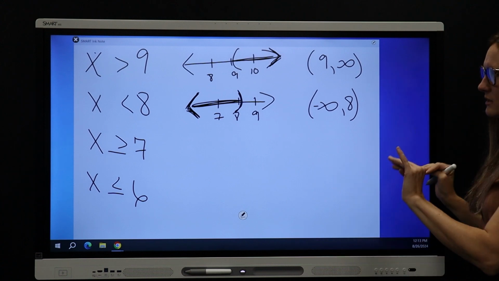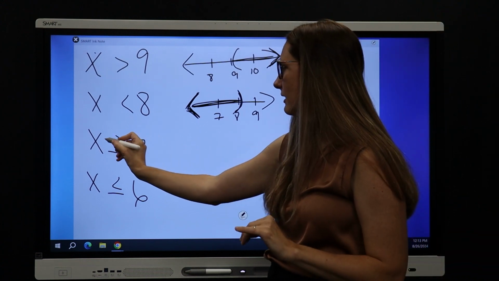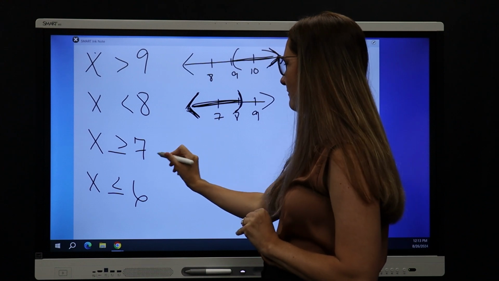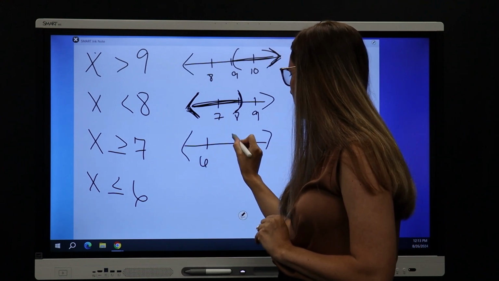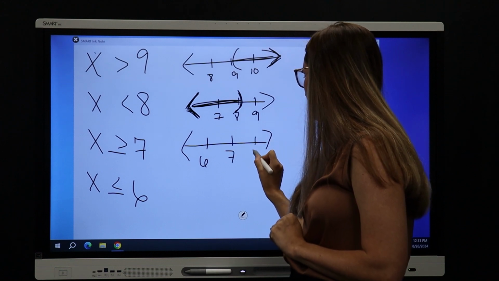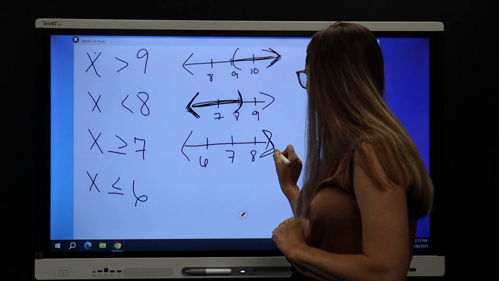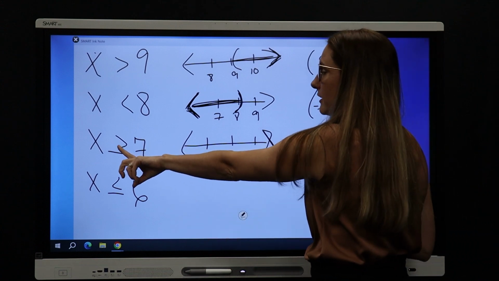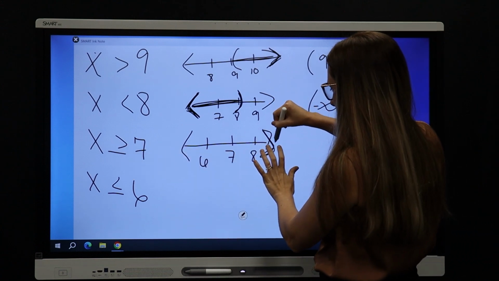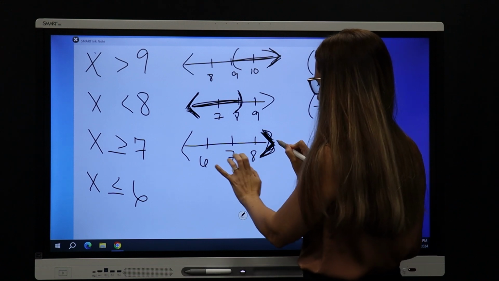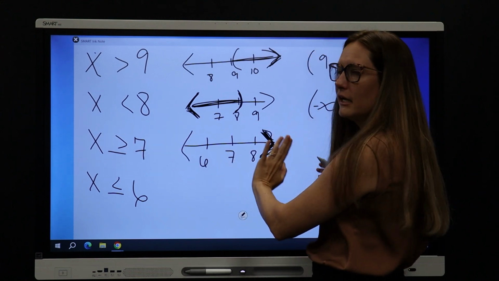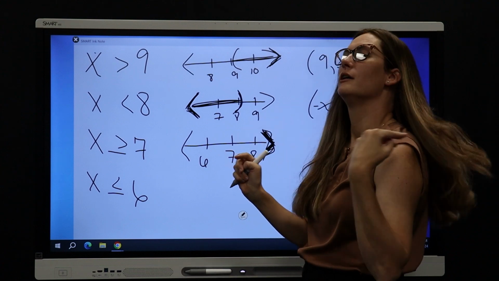Now, this is where things change. So we have X is greater than or equal to 7. So we'll do 6, 7, 8. But greater than, it's still facing this one, so we're going to have it going this way. Since X is first, we just take this arrow and bring it right over. Now, here's the change.